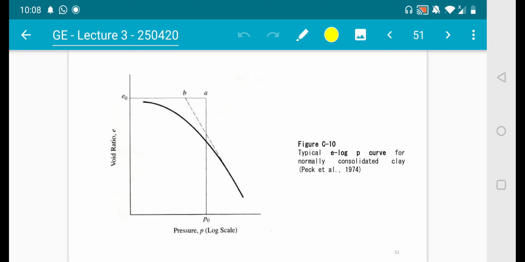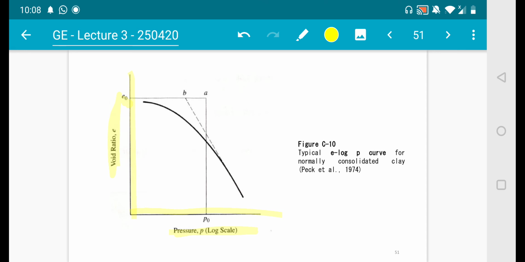Let's jump straight to this figure over here. Figure C10 is a typical e-log-p curve for normally consolidated clay. Now, why is it normally consolidated clay? The first step is to establish this chart. You have void ratio on the y-axis, and on the x-axis you have the pressure in log scale.